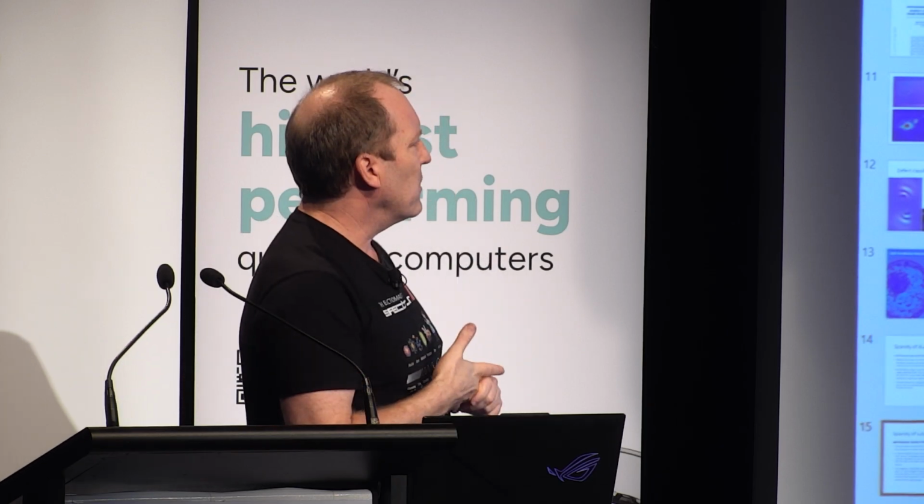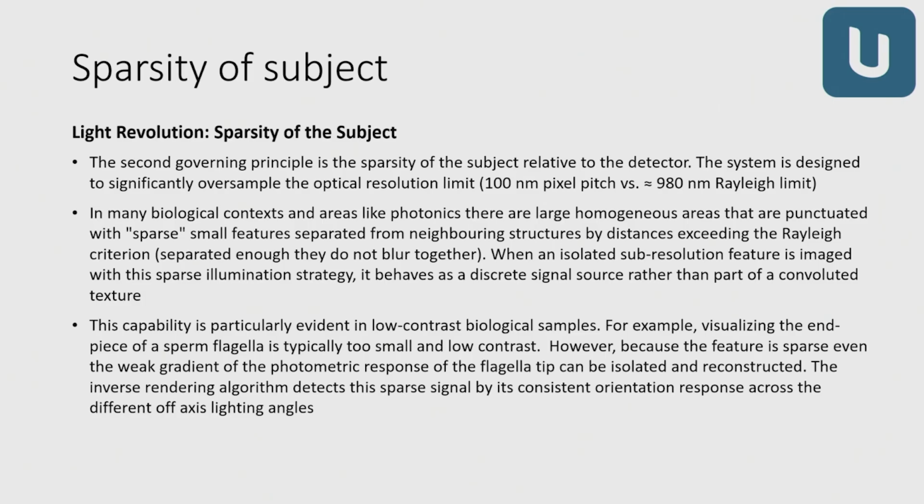But the second part that's really interesting is the sparsity of subject. So depending on what you're imaging makes a big difference to the trade-offs in having a point source. So for example, if we're imaging something like a sperm, it has a tail, a flagella, and that is very small. So that gets down to below 100 nanometers in width.